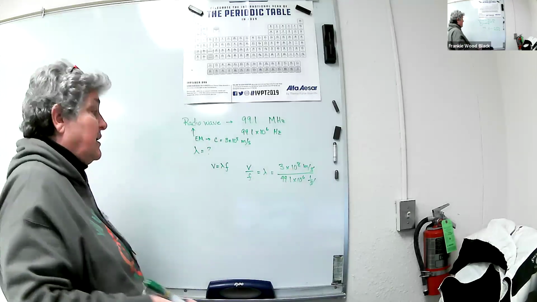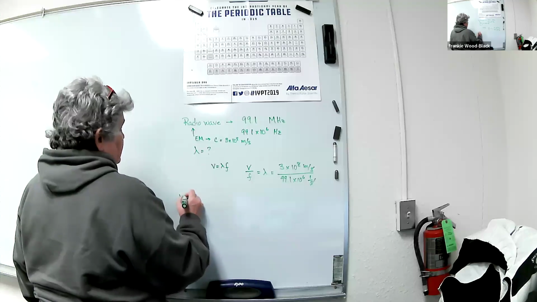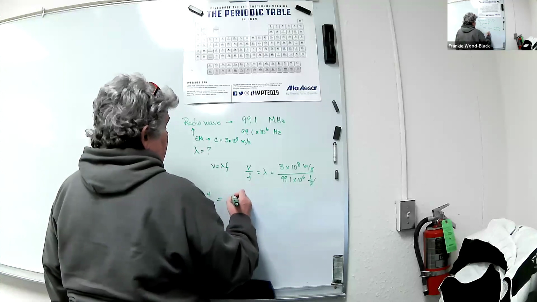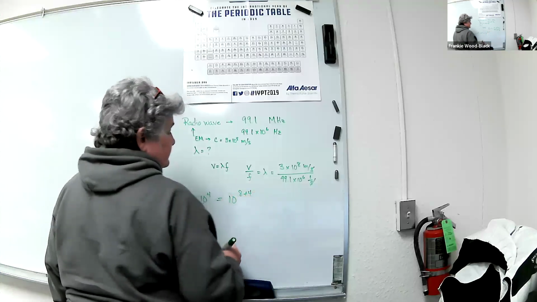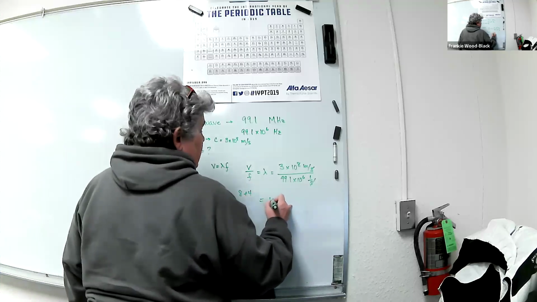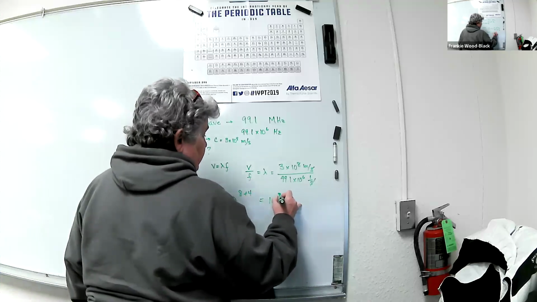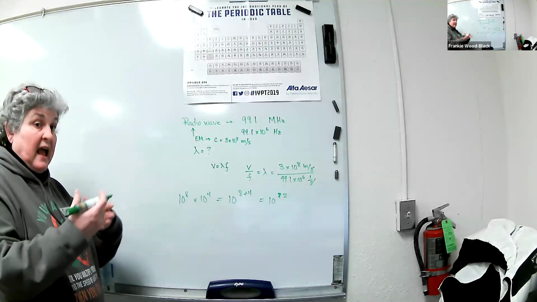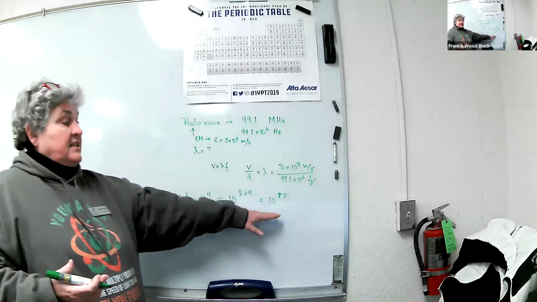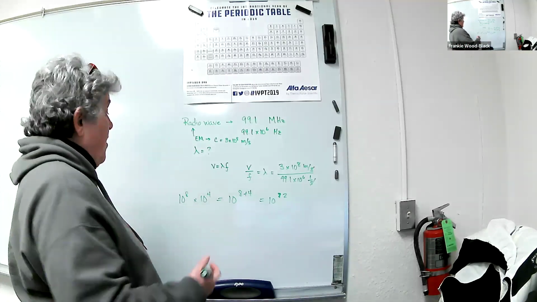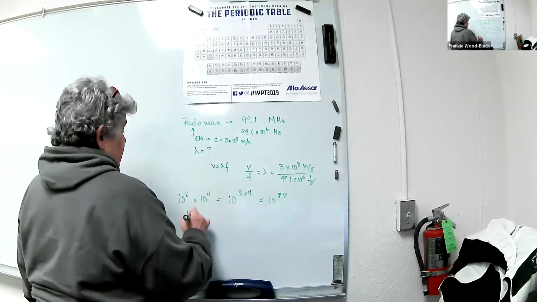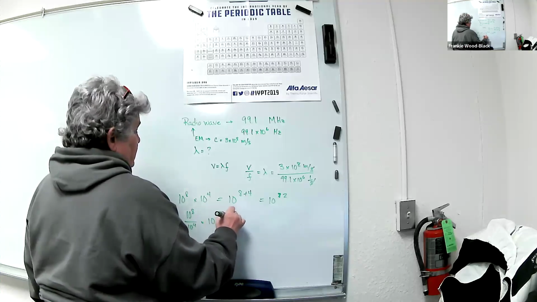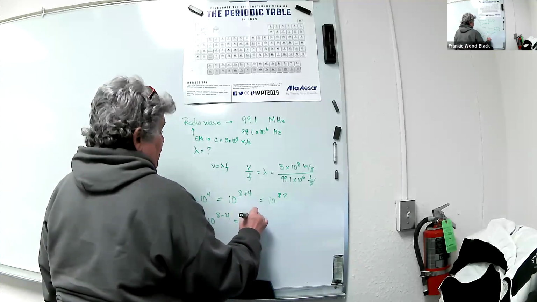Just as a reminder about exponents, if I have 10 to the 8th times 10 to the 4th, this is going to end up being 10 to the 8 plus 4, so 10 to the 12th. Or if I have 10 to the 8th divided by 10 to the 4th, that's going to equal 10 to the 8 minus 4, which is 10 to the 4th.